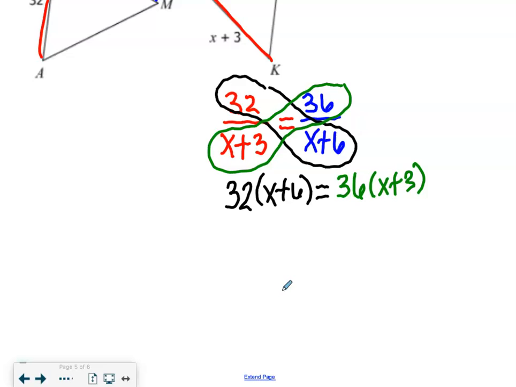Then we just have to distribute. You guys will have to help with these numbers. We'll have 32x. What's 32 times 6? Calculator. 192 equals 36x, and then 36 times 3 is 108.